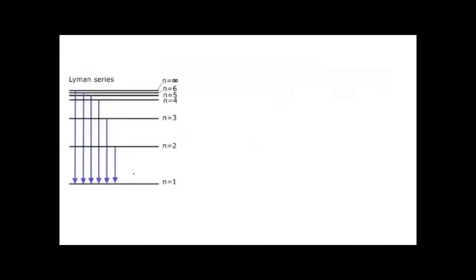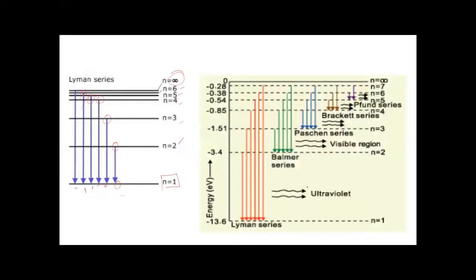In the Lyman series, we consider the ground state to be 1, and N2, N3, N4, N5, N6, and N infinity are the excited states. When the electron comes from energy level 2 to energy level 1, 3 to 1, 4 to 1, 5 to 1, 6 to 1, or infinity to 1, in all the cases the frequency or wavelength observed is in the ultraviolet region.